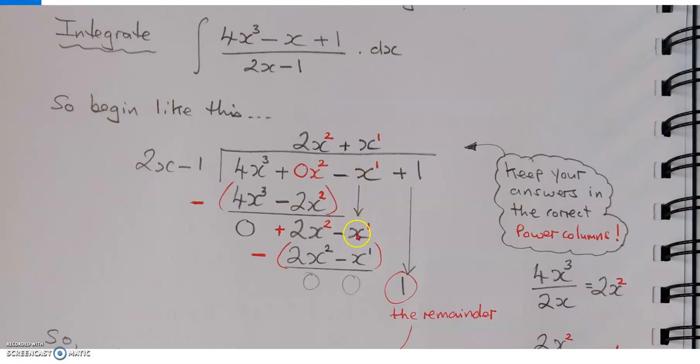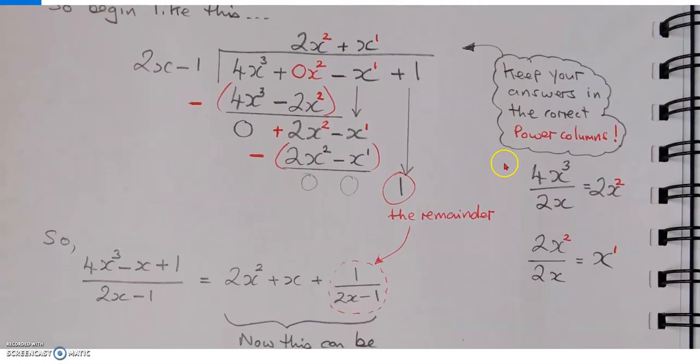I've brought it down to there behind the 2x squared. And now what do we do? Well, we take the term in here with the highest power, which is 2x squared, and we divide it by the 2x there. And I've shown that down here. There it is. I've got this plus 2x squared there.